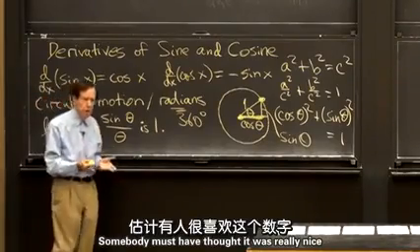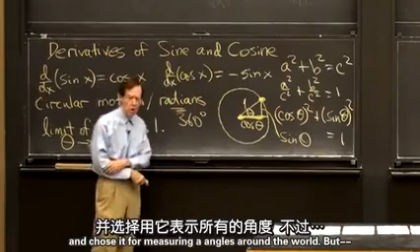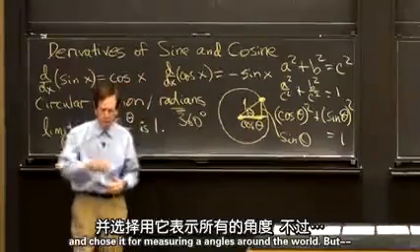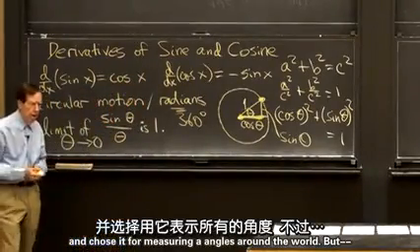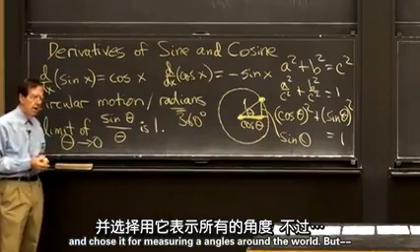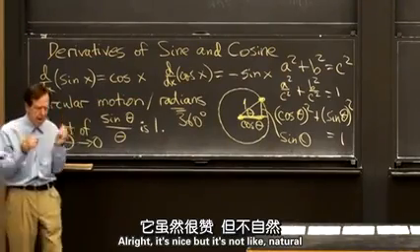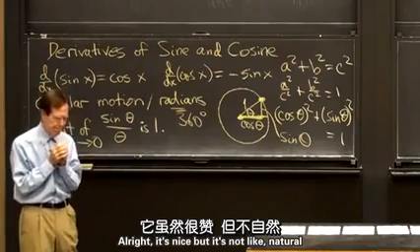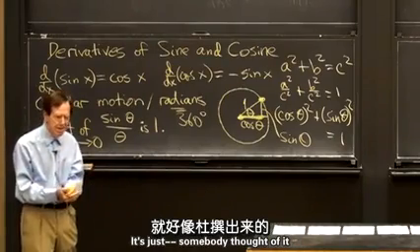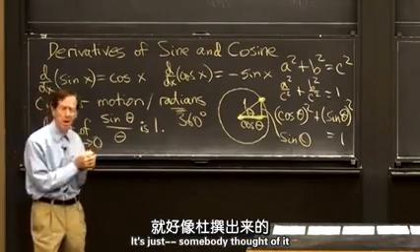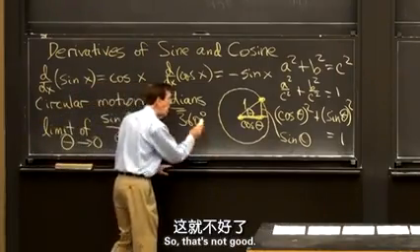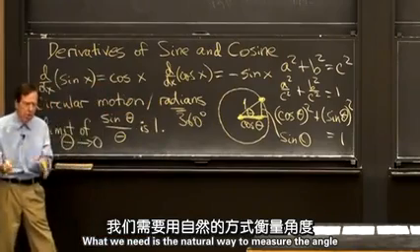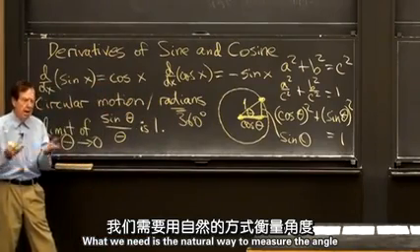Somebody must have thought it was really nice and chose it for measuring angles around the world. But, you know, it's nice, but it's not natural. It just, somebody thought of it. So, it's not good. What we need is the natural way to measure the angle.